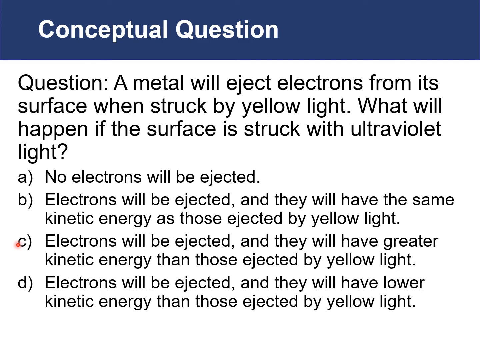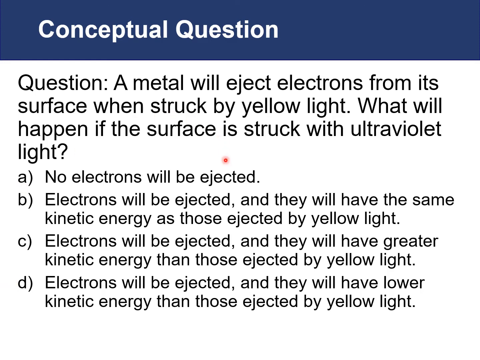Electrons will be ejected and they will have greater kinetic energy than those ejected by yellow light. Or electrons will be ejected and they will have lower kinetic energy than those ejected by yellow light. Pause the video, select your answer, and when you're ready, hit play again to see the answer.